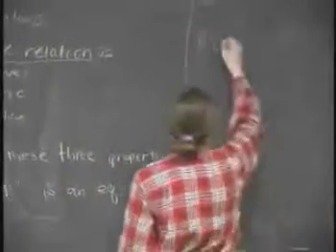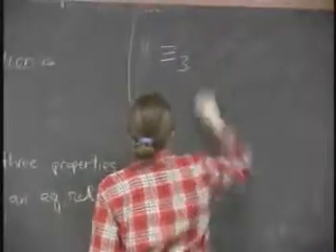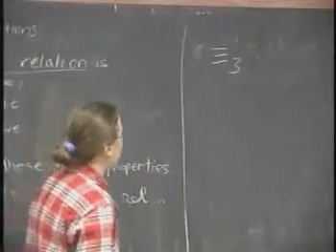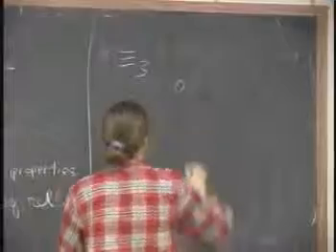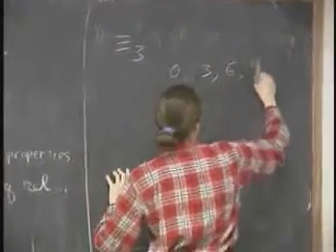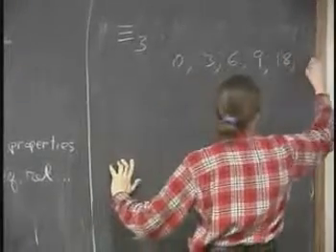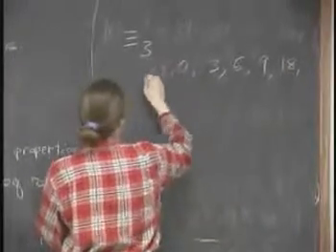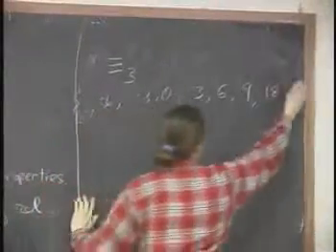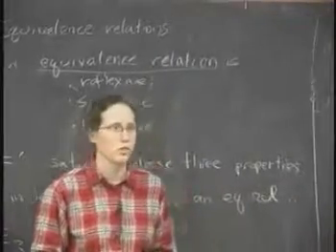And let's explore this guy a little more. Equivalence modulo 3, we're working over the integers, and so 0 was equivalent to 3, to 6, to 9, to 18, etc., and to minus 3, minus 6, etc. So this is the set of all things equivalent to 0.